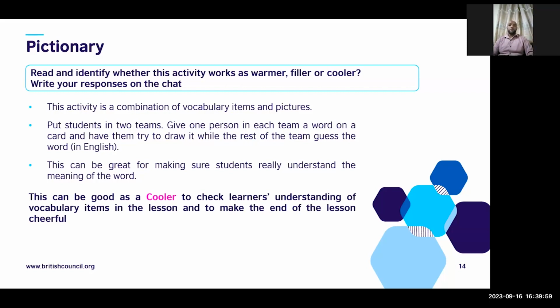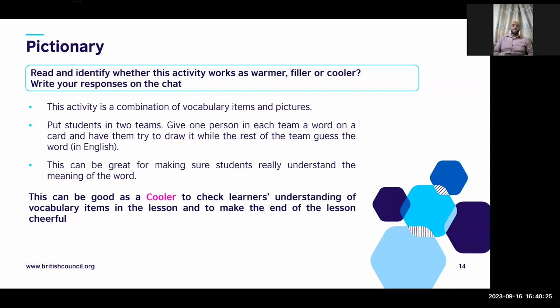And also, it's a very great activity to engage students at the end of the class. But like you said, we can also use this as a warmer or as a filler as well. Most importantly, it fits the cooler, but it doesn't mean that we can't use it for the other phases, like warmer or filler.